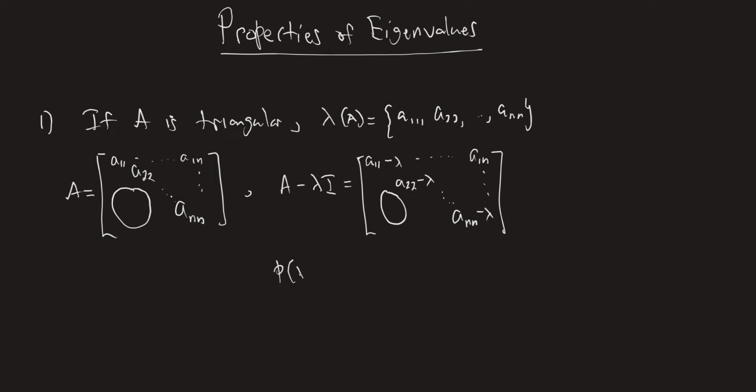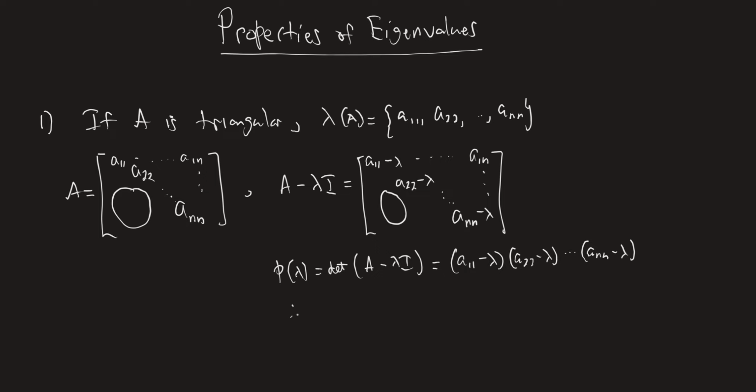So our P of lambda, which is the determinant of this new matrix, because this is still an upper triangular matrix, the determinant is just the product of the entries on the main diagonal. So you'll have this, and then dot, dot, dot, your ANN minus lambda.